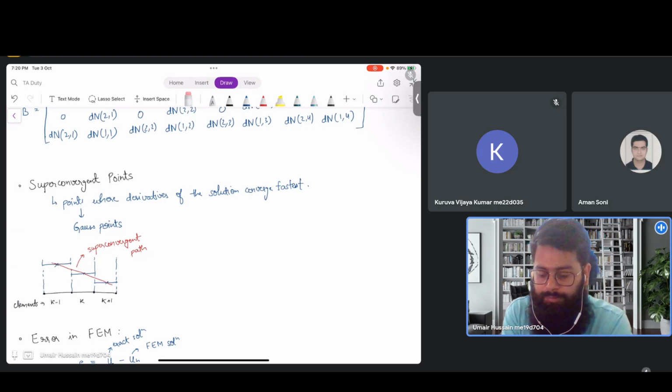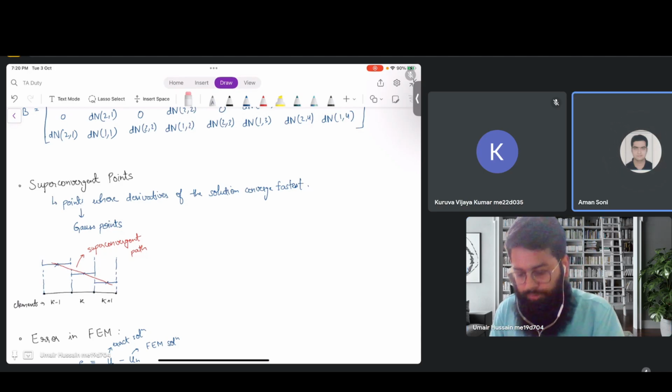It is a generalized concept in FEM, even in 2D FEM. There's a fact that we hear quite a lot, that the solution converges fastest on the nodes of the elements, or we get the exact solution at nodes in certain problems. While there's another fact that the derivative of the solution would converge fastest on the Gauss points.